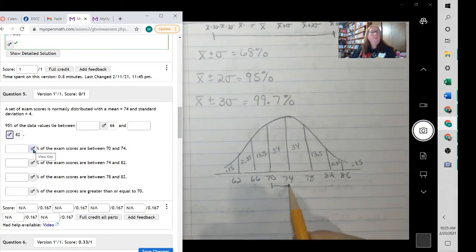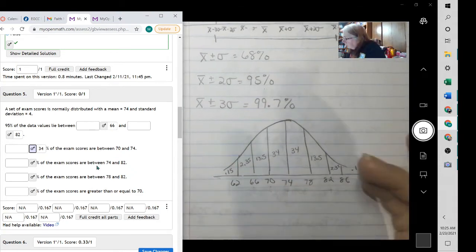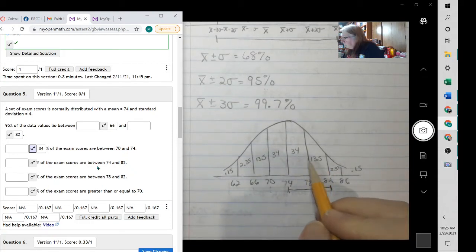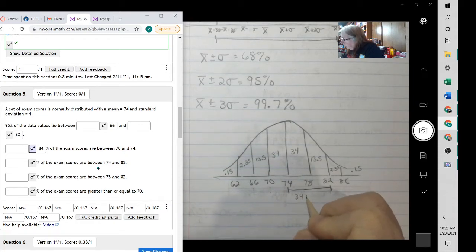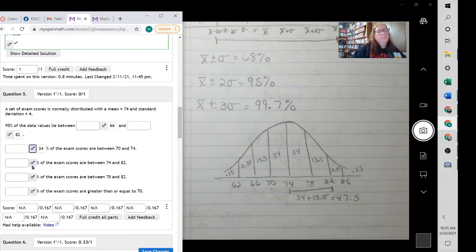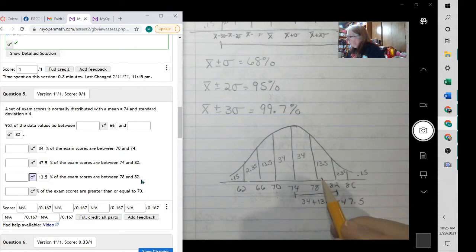Percent of exam scores between 74 and 82. 74 to 82, 34 plus 13.5, 47.5. Between 78 and 82, that would just be here, so 13.5.